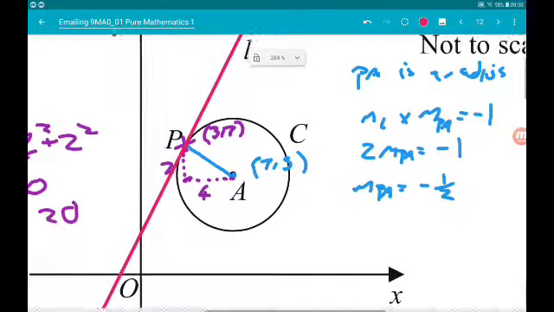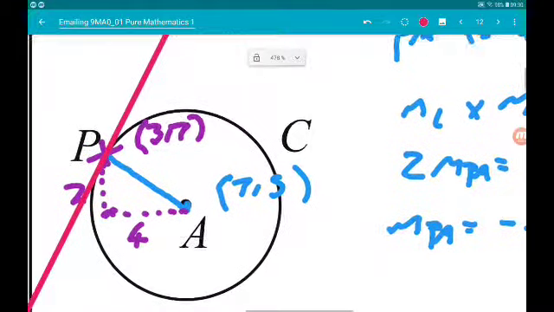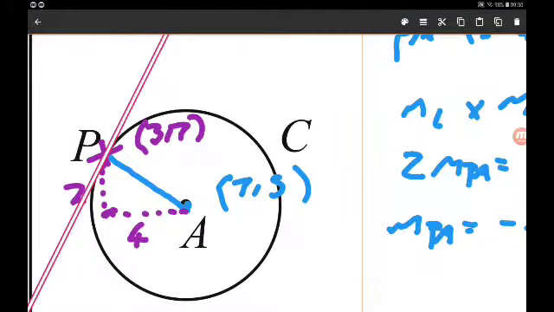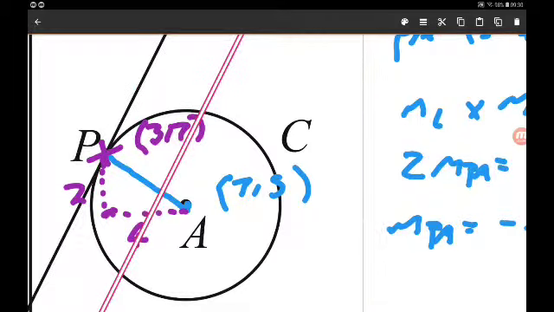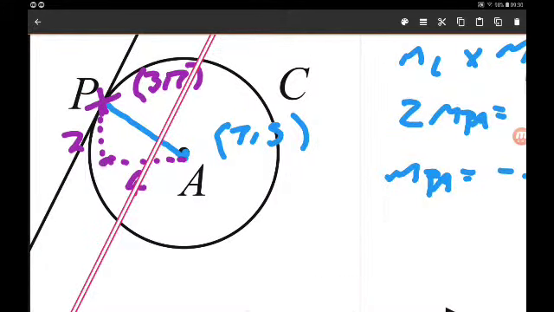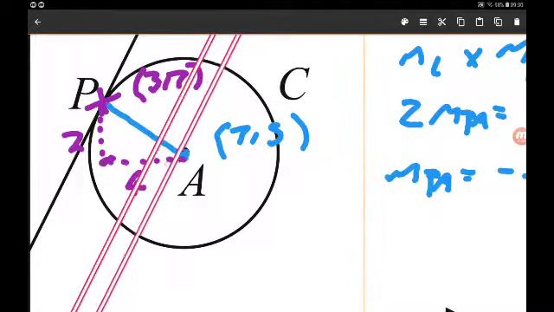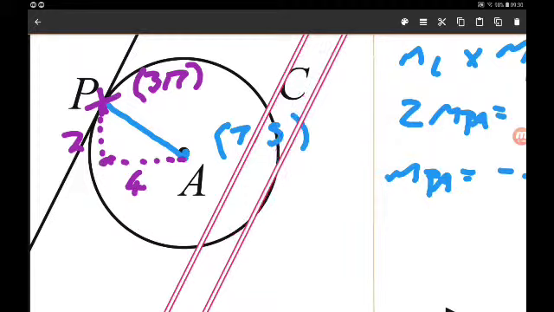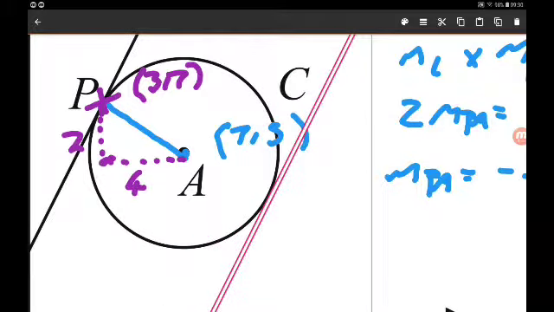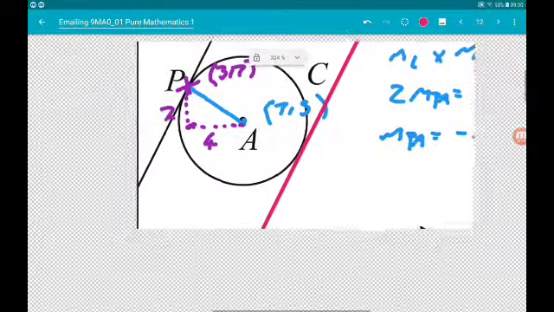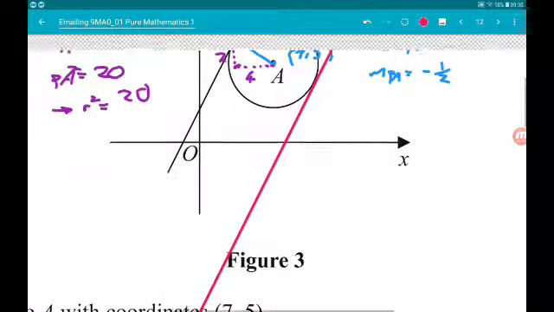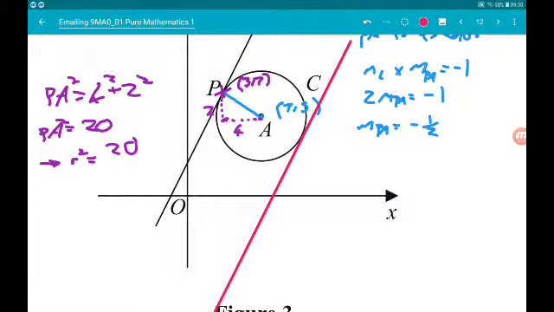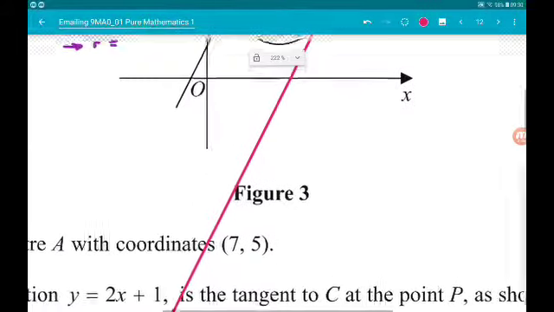So the line L is just going to move down. At the moment it wouldn't be a tangent because it's hitting the circle twice, so it keeps moving down until, there we go, it's now a tangent again. So we can see that k is going to be negative because our y-intercept is way below the x-axis.